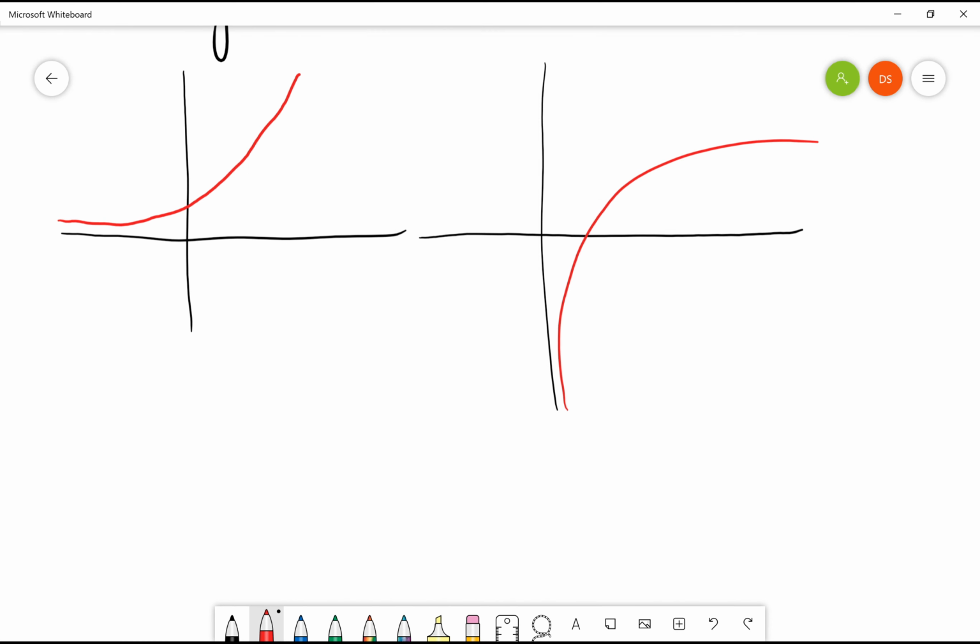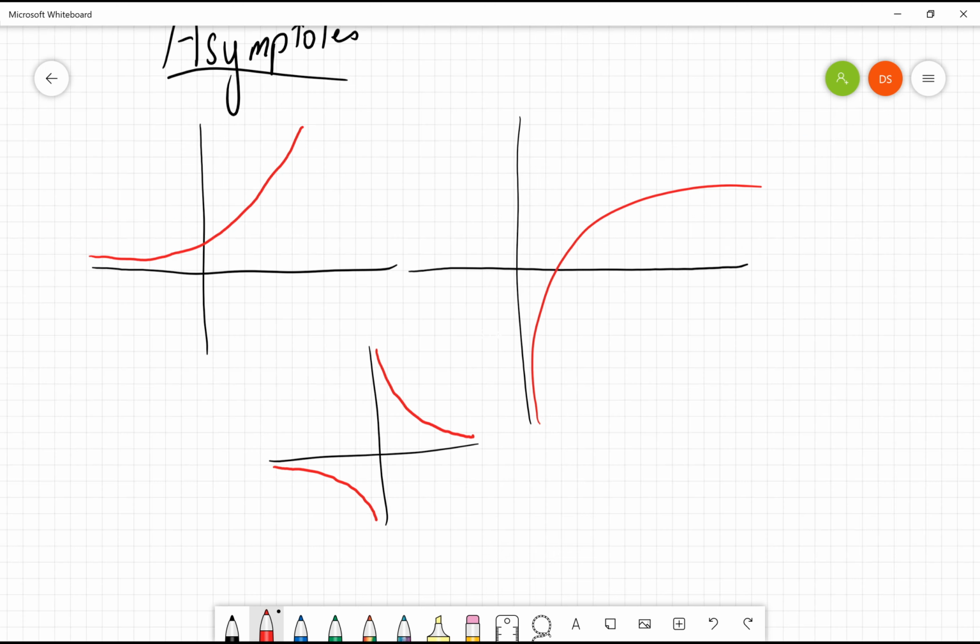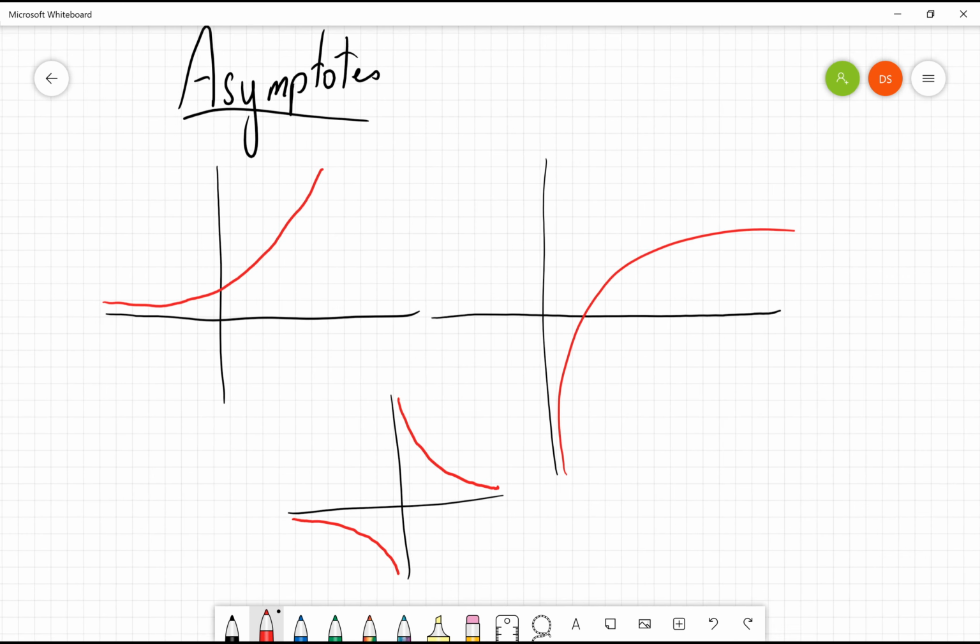Right? And here is my hyperbola. Oop. Okay. That last one was terrible. Okay. Exponentials, logs, and hyperbolas.